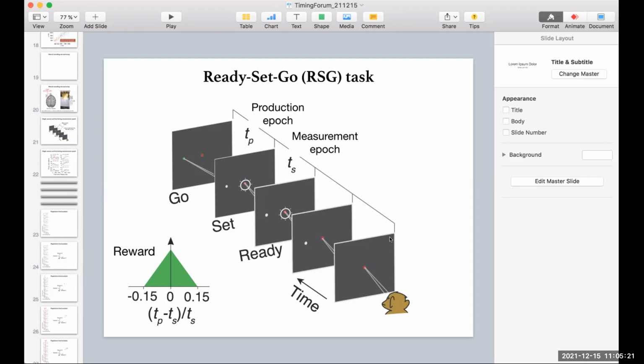Hello, my name is Gruen. I was working together with your colleagues, Nicola, with Björk Kilavik and Alexa Riele. We had a task where a monkey has to make a movement, in motor cortex, either after 600 or after 1200 milliseconds. And after some time, we changed the request so that he had to make a movement after 900 or after 1200 milliseconds.